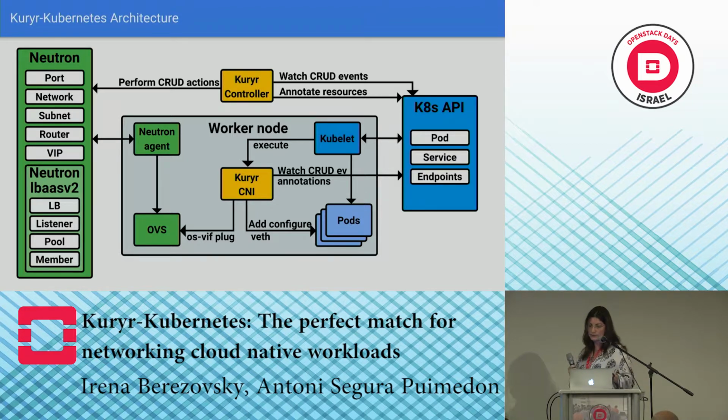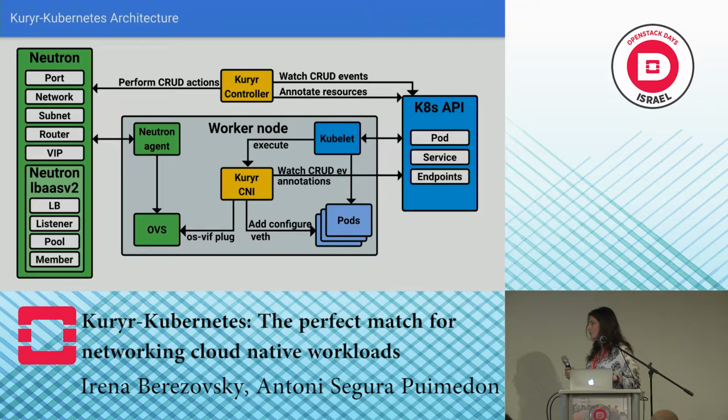Basically, it's very similar to what Nova does with the VIF plug capability, and then it creates a pair of virtual interfaces. One will go into the container, into the pod namespace, and the other will be plugged into the Neutron infrastructure. In this diagram, this is OVS, because it shows the basic reference Neutron implementation.